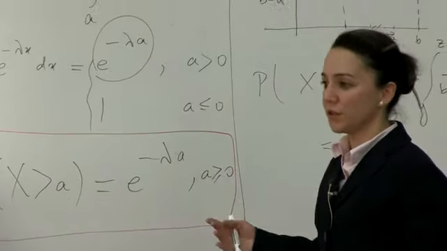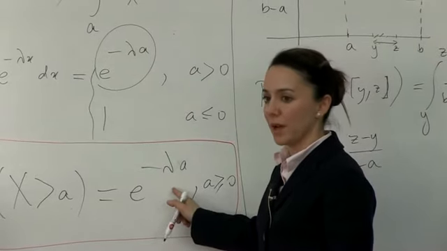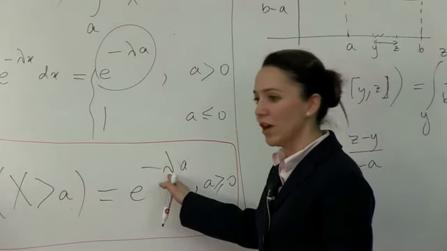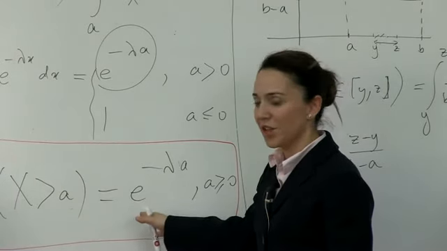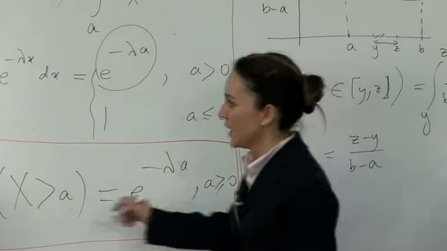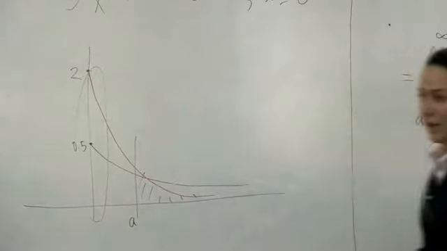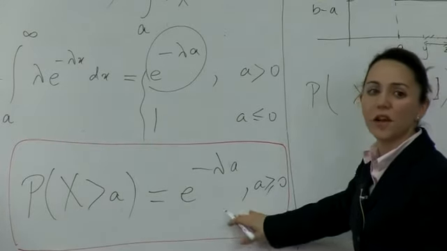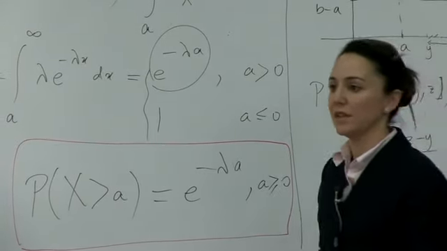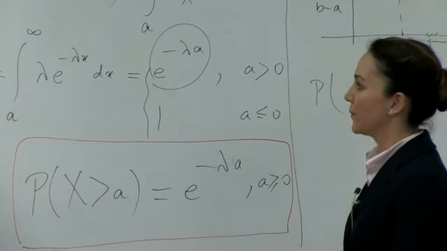The mean of the exponential distribution is 1 over lambda, which makes sense, because the larger the lambda, the smaller the expectation, because the more concentrated it is around 0. This is very useful in modeling the lifetimes of things that are expected to be small.